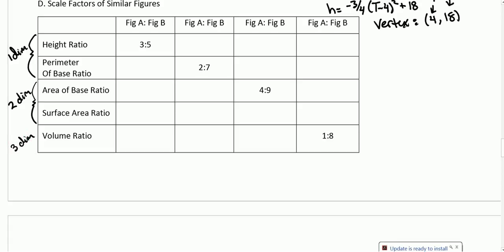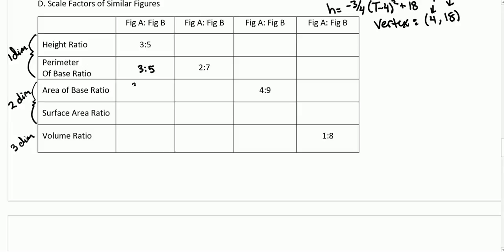And so when you're looking at ratios of two figures, so we got figure A and figure B, and their height ratios are 3 to 5, that's their one-dimensional ratio. All one-dimensional ratios stay the same, so the perimeter ratio would also be 3 to 5. To go from one-dimensional to two-dimensional ratio, you square those.